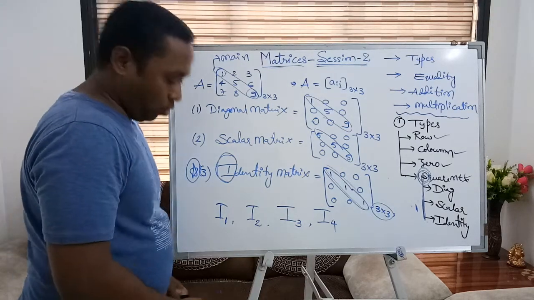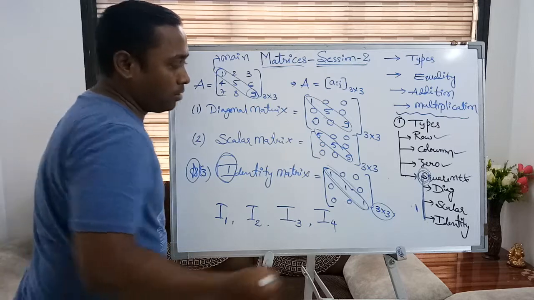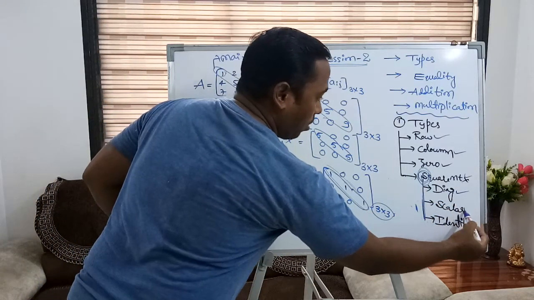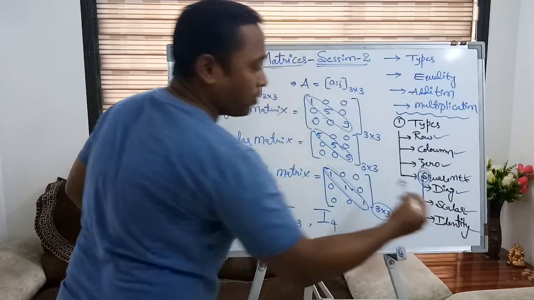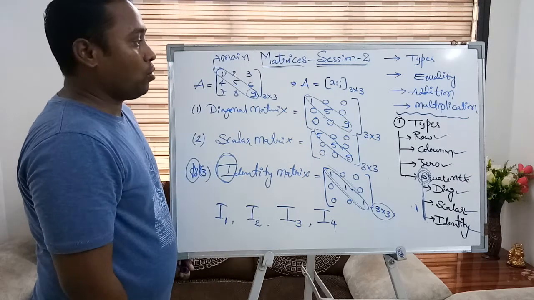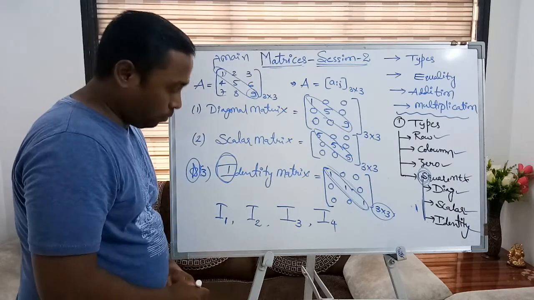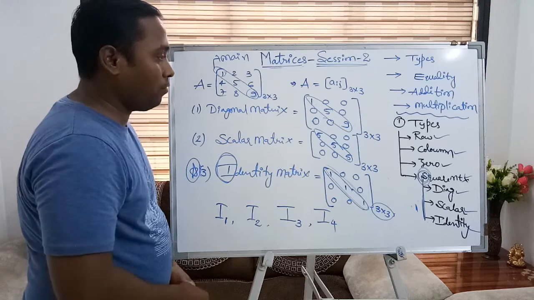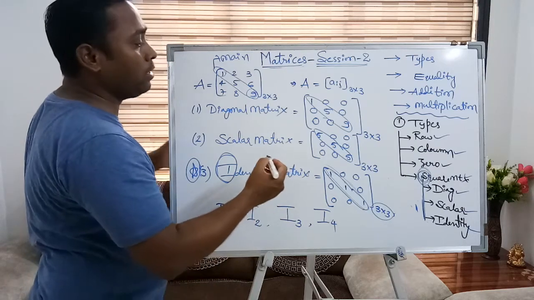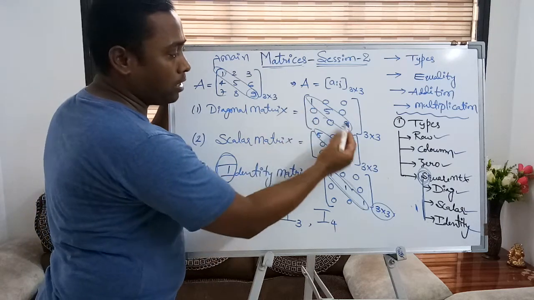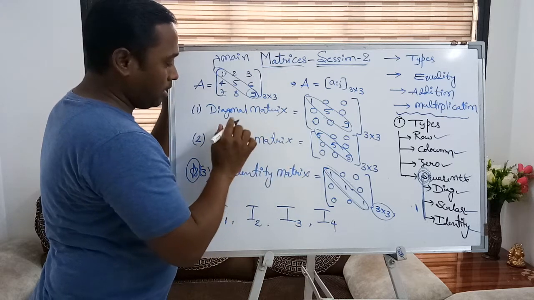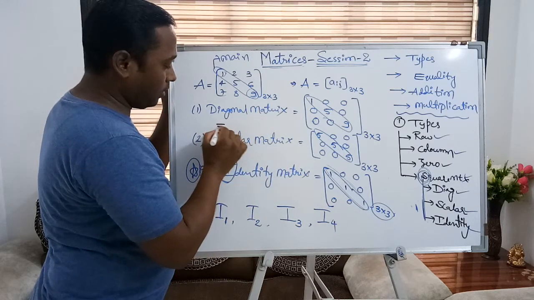Fine. I hope we have discussed many things here. Diagonal, scalar, identity, all the types are covered. The last point regarding this: when a diagonal matrix is represented, it is shortly written like this.